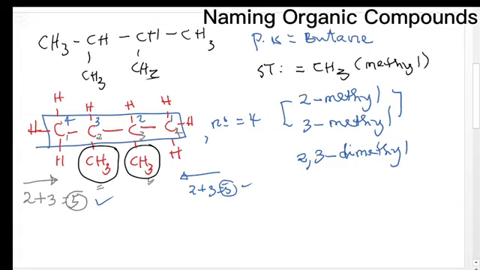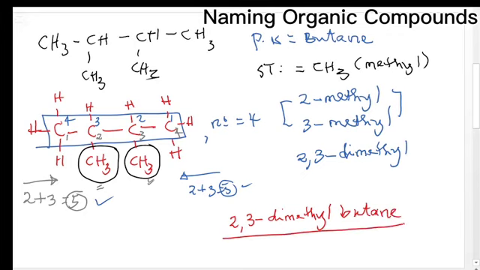To name the whole compound, it is 2,3-dimethyl, then you write the parent name, which is butane. So the name of the compound is 2,3-dimethylbutane. Is that okay, everybody?